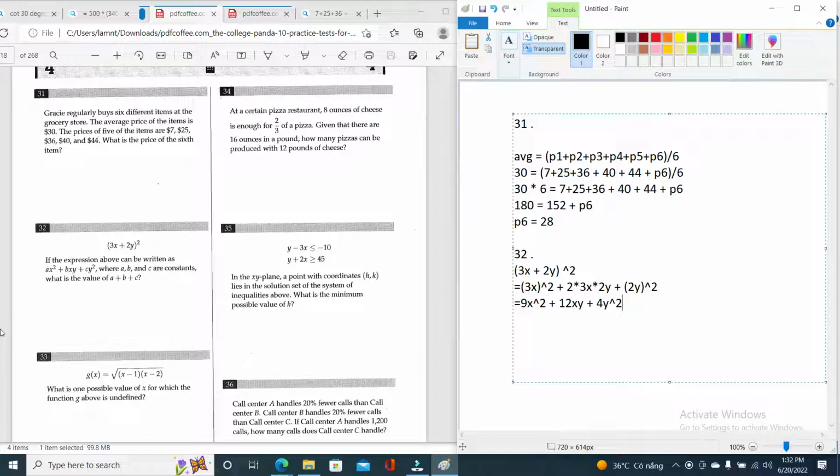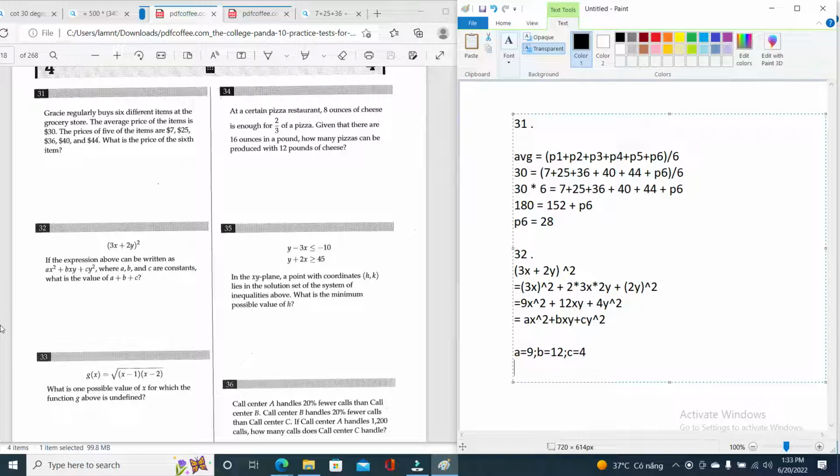So that's ax squared plus bxy and plus cy squared, right? So we know that a equals 9, b equals 12, and c equals 4.